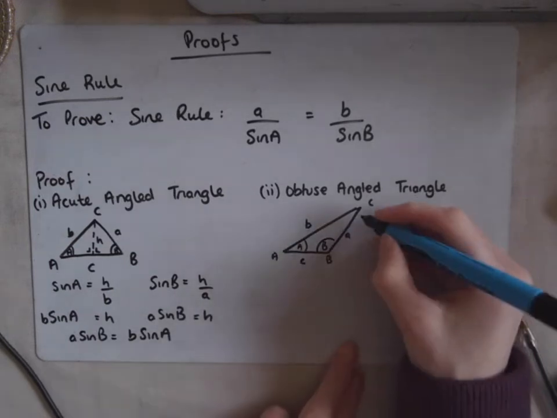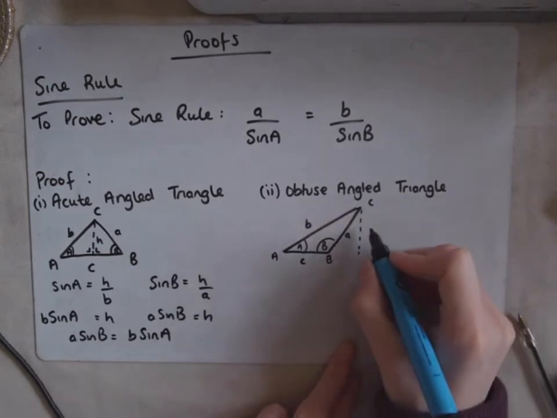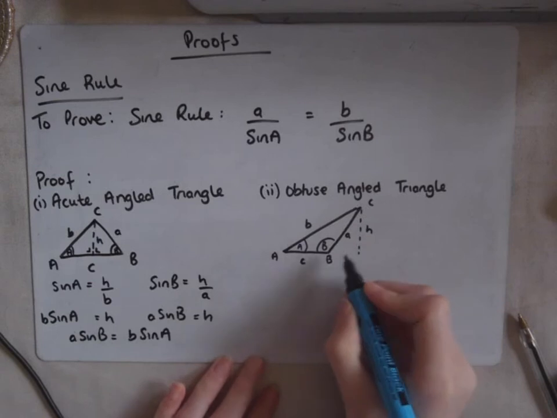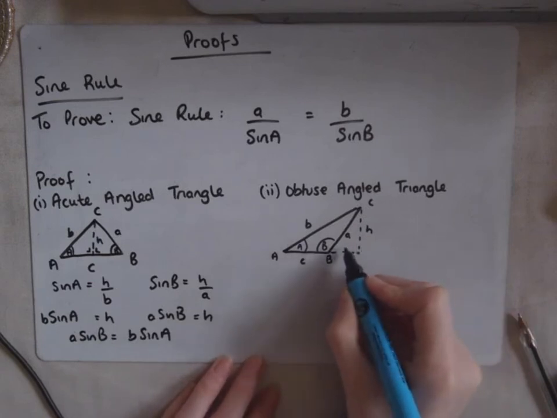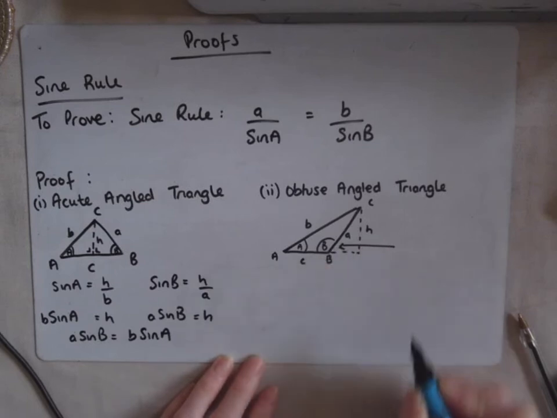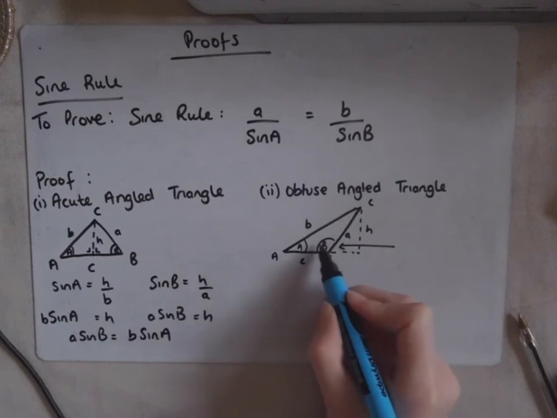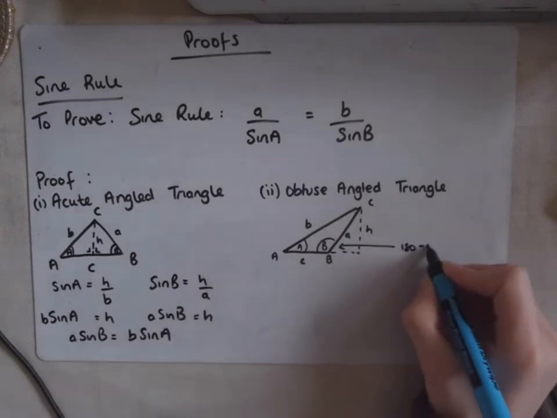So in this triangle, your perpendicular height is here. What would that angle there be? If you consider this is a straight line, this is B, so this would be 180 minus B.